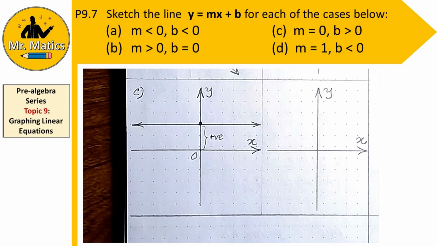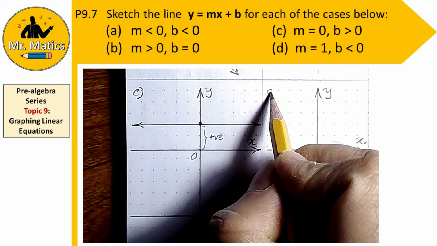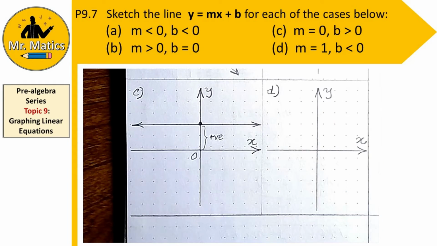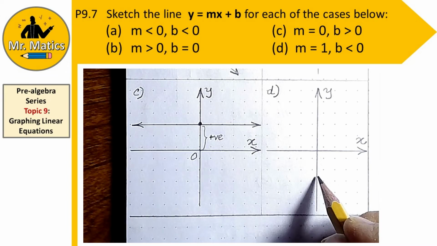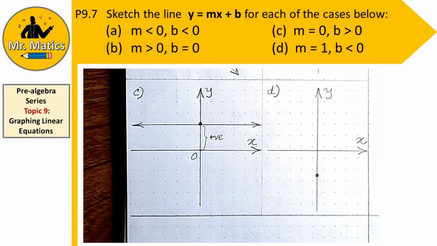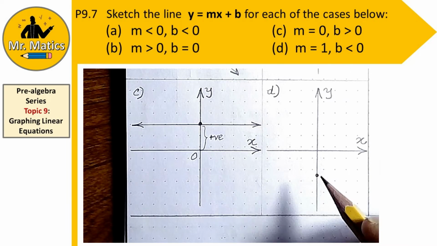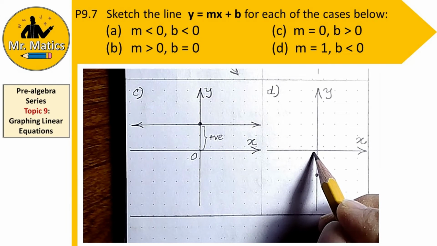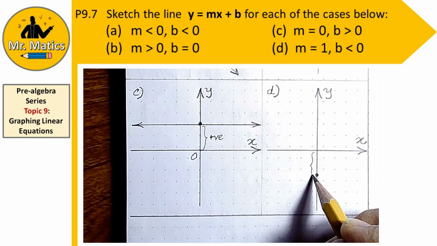Okay, finally, we have one problem, which is m equals 1 and b less than 0. So as soon as you see b is less than 0, we have to select b here. And this is a b, which is negative.